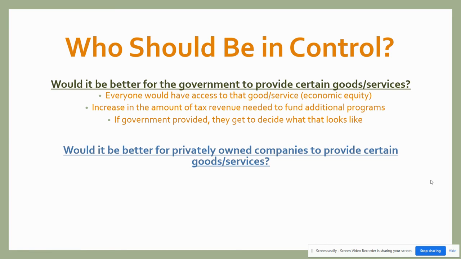If the government is the one providing things, that means they get to make the decisions about those products, right? So if they're providing healthcare, they get to decide what that looks like and who gets access to it, and how many doctors and how many surgeries those doctors can do, or what medicine they're allowed to give out for certain things. That is all the government that gets to decide those kinds of things.